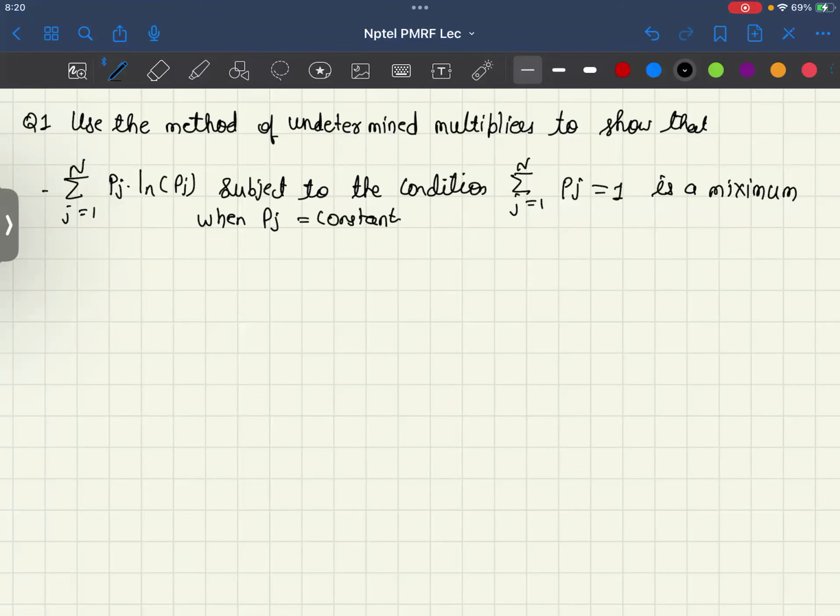Anybody able to solve the problem? The hint would be to use the Lagrangian multiplier method. Anybody able to solve it?